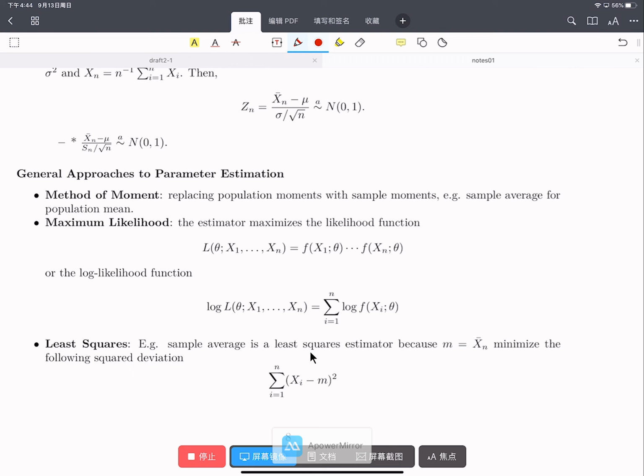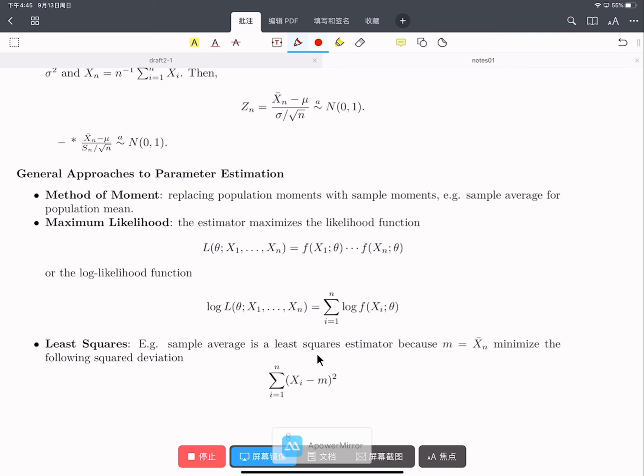This is a bit abstract so far, and particularly in our class, we use the method called ordinary least squares. It's basically a specific example of the least squares method. Actually, using the sample average to estimate the population mean is also a least squares estimator.